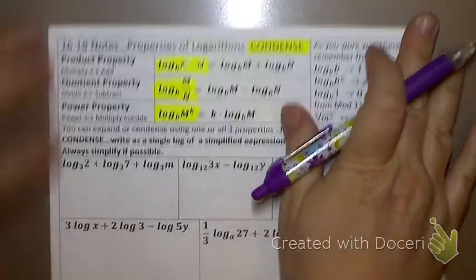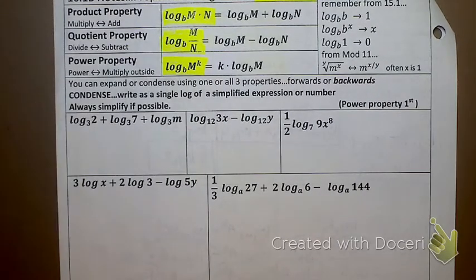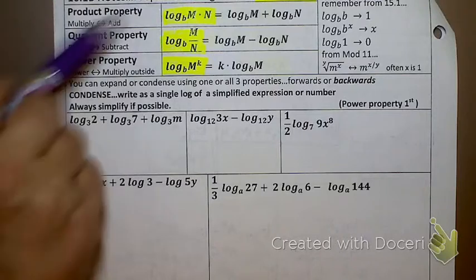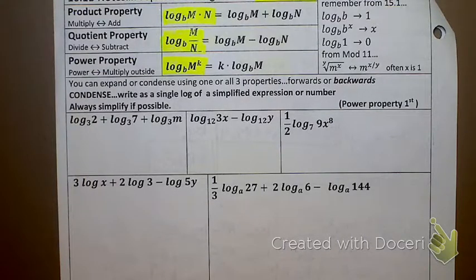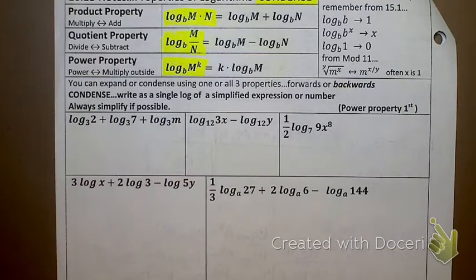So let's look and see what we've got first. The first thing I always look for, well, let me step back for a minute. The last step in most of yesterday's stuff was what? Which rule did you use last in most of them? The power property. The last thing you did was bump those exponents to the front, right?